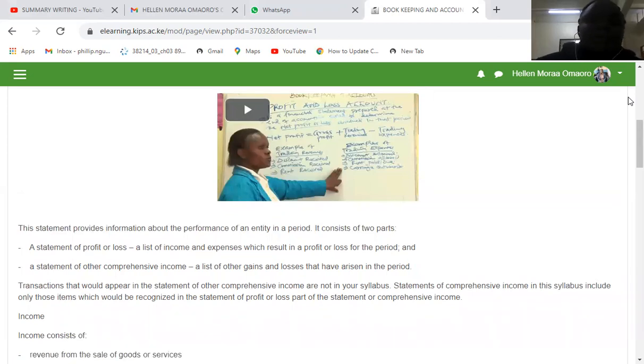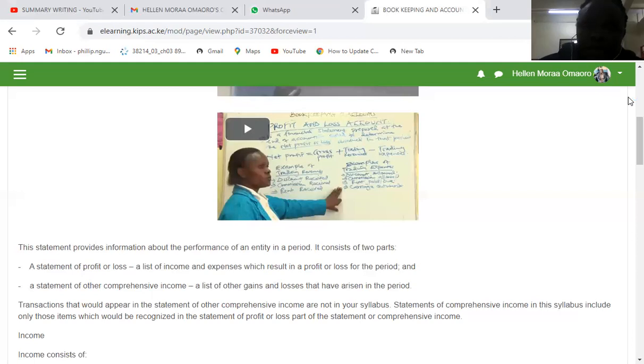Now, how do we get the net purchases? We get net purchases by adding carriage inwards to the total purchases.